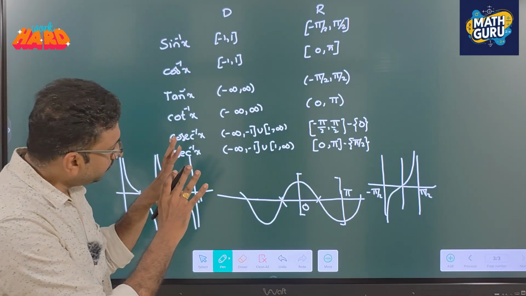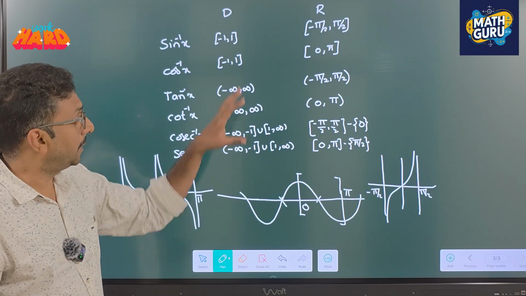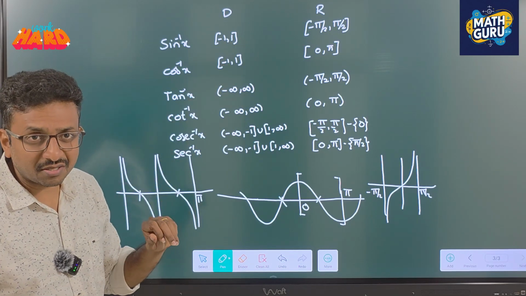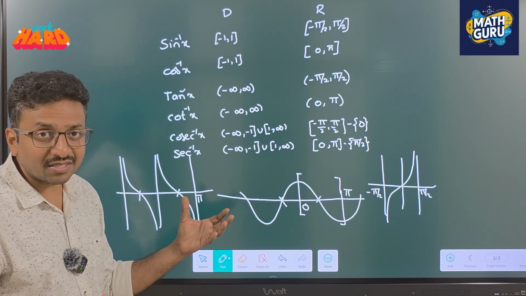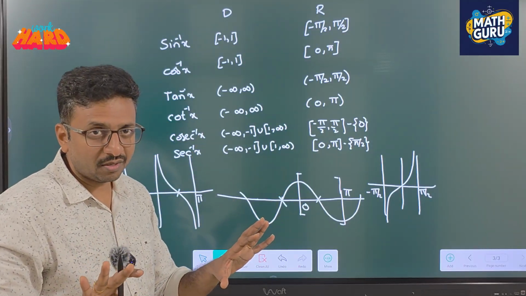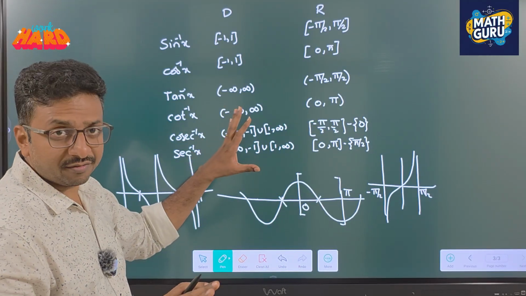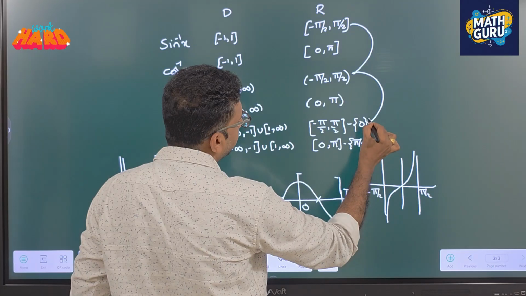It is very good if you can remember all these domains and ranges. To make it easy for you to remember them, we divide the inverse trigonometric functions into two groups. Group 1 will have the ranges related to minus pi by 2 to plus pi by 2.